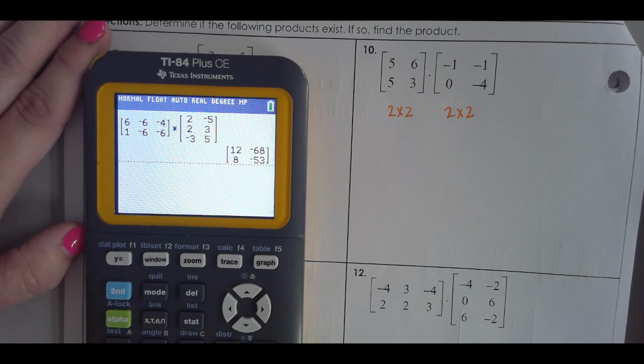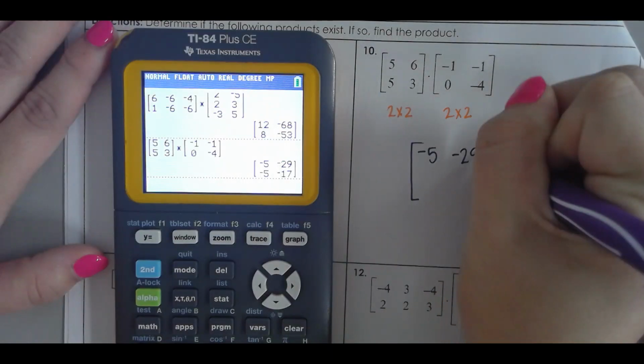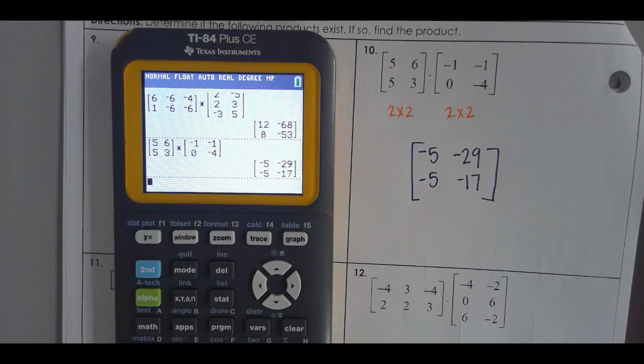Yes, it is. You get negative 5, negative 29, negative 5.